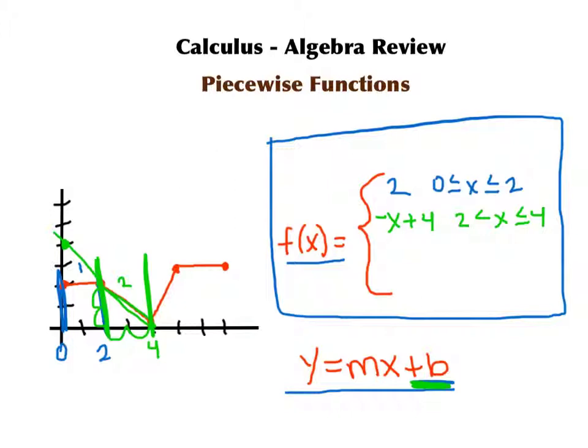Let me switch colors again and let's do the third piece right here. This slope is pretty steep. It looks like I'm going up 1, 2, 3 over 1, so the slope is 3, so I write 3x. Again, for the y-intercept, if you didn't want to draw this one all the way down, you could just think, I'm at 4, and if I go down 3 over 1, down 3 over 1, down 3 over 1, down 3 over 1, what would the y-intercept have been?